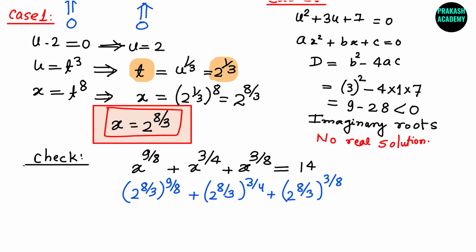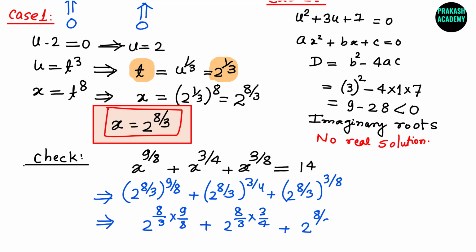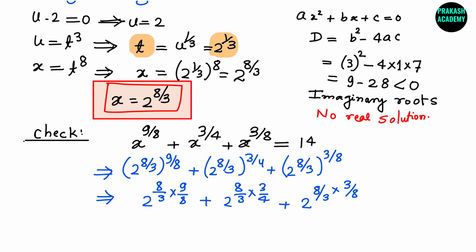Now as you know the rules of power, we can multiply the exponents, that is a raised to the power m times n. So 8/3 multiplied by 9/8 gives 2³, then 2 raised to the power 8/3 multiplied by 3/4 gives 2², and 8/3 multiplied by 3/8 gives 2.